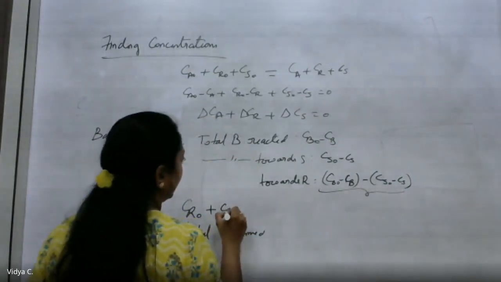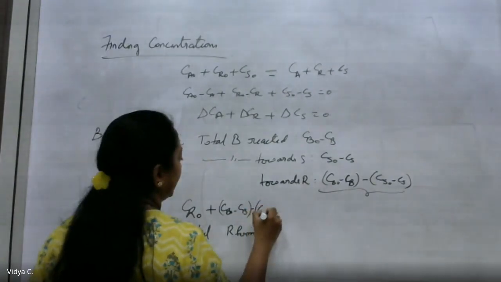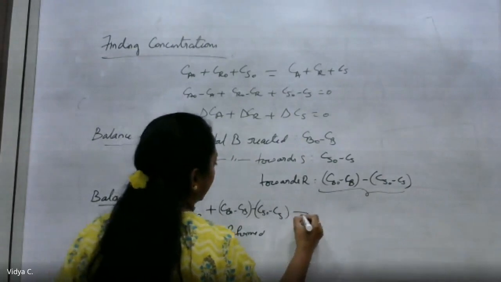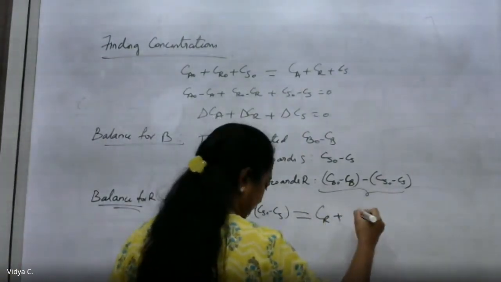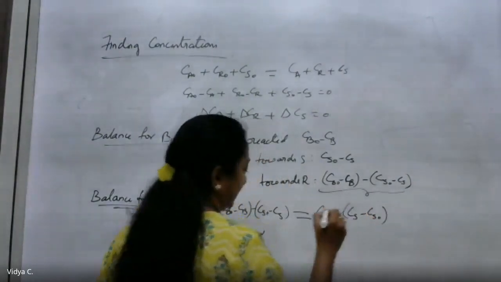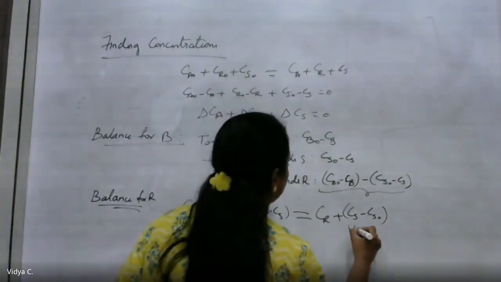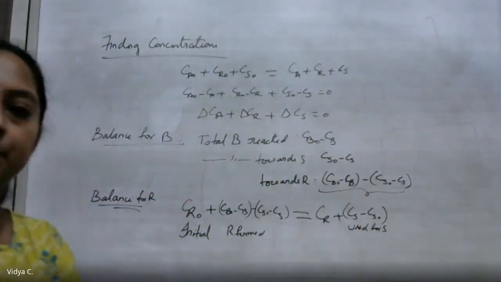So R formed will be CB naught minus CB minus CS naught minus CS. Okay. So this should be equal to CR plus CS minus C naught. Okay. So this is used for S.